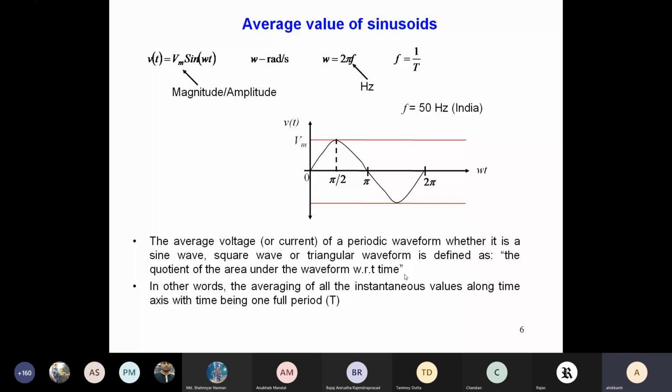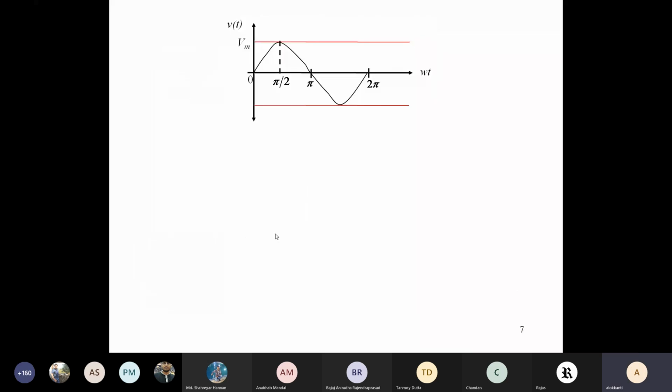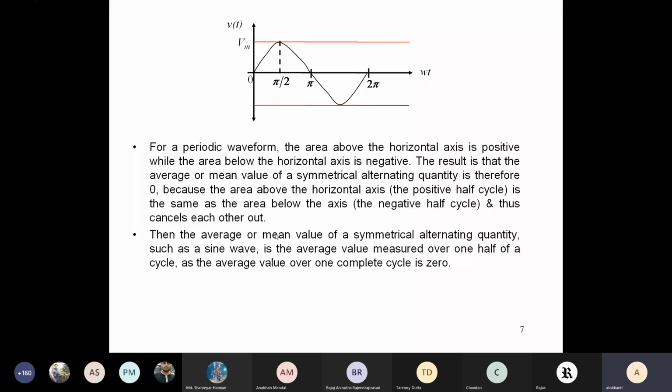But you cannot work with a 0 value, because there is some finite value, though if you consider the whole time period it becomes 0. So what is actually done is, for a periodic waveform, the area above the horizontal axis is positive, while the area below is negative.